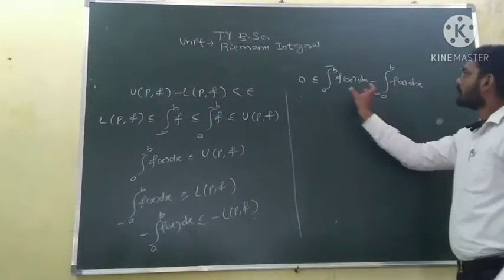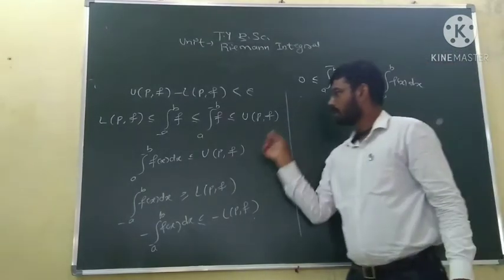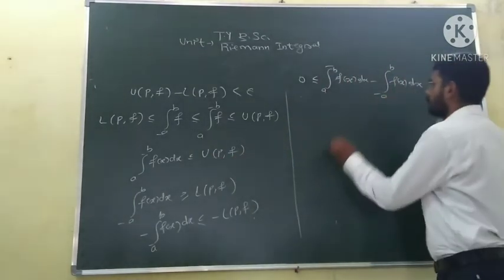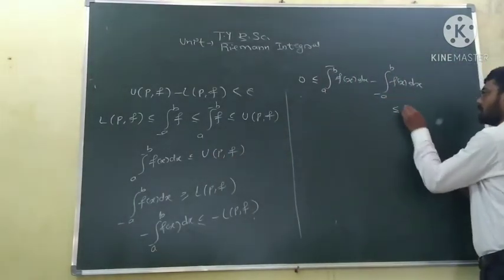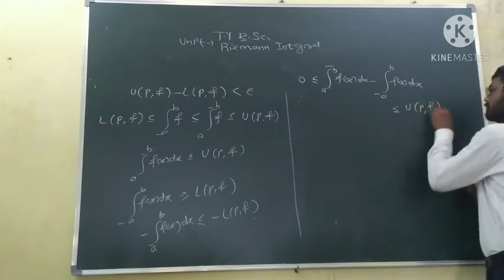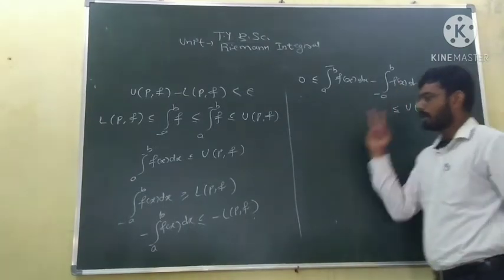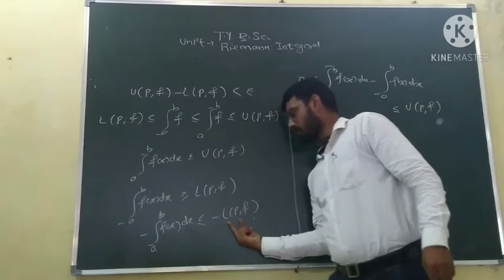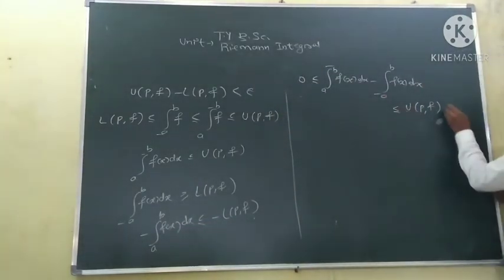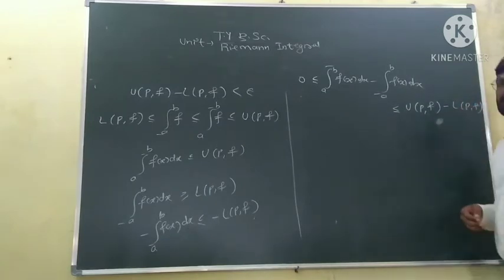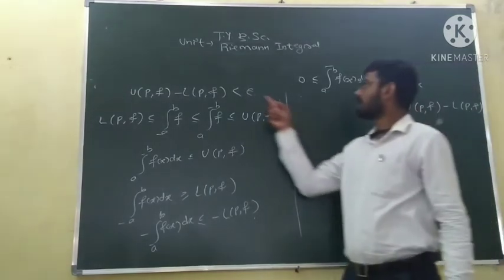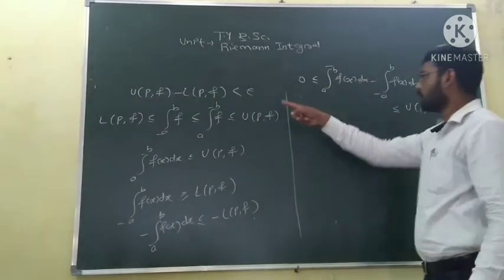And the upper integral is less than or equal to upper sum, and minus of lower integral is less than or equal to minus of lower sum. But see, this is still less than epsilon. So put this value here.